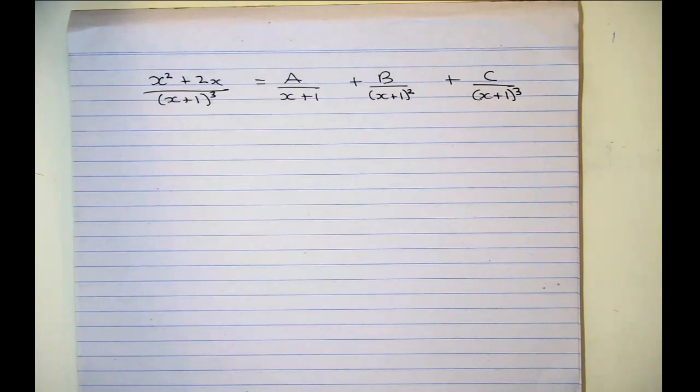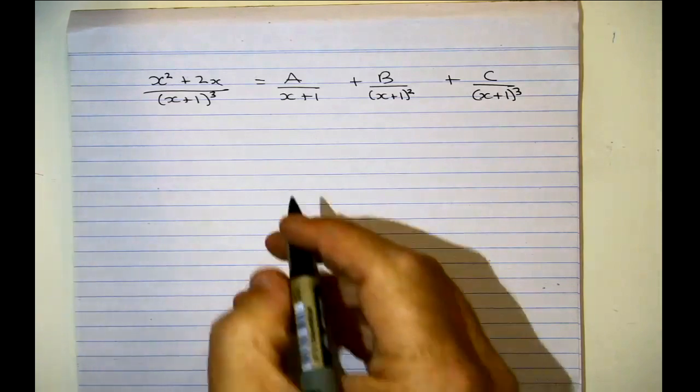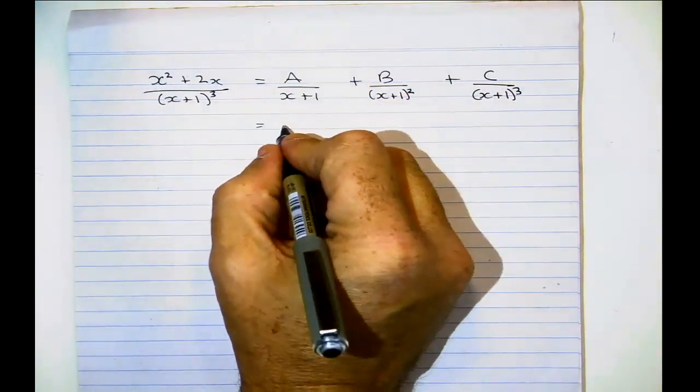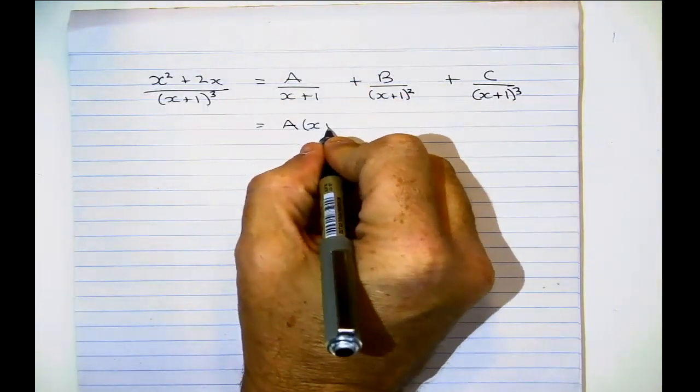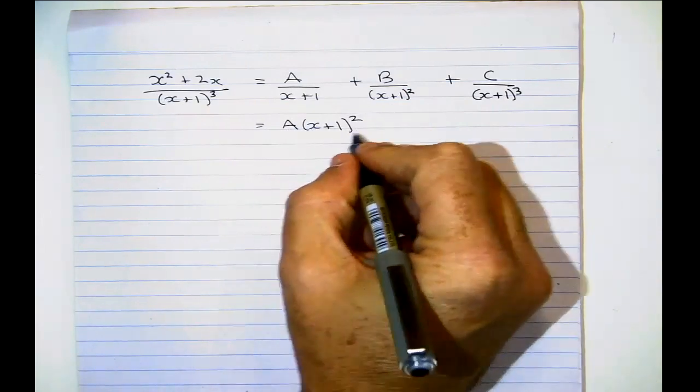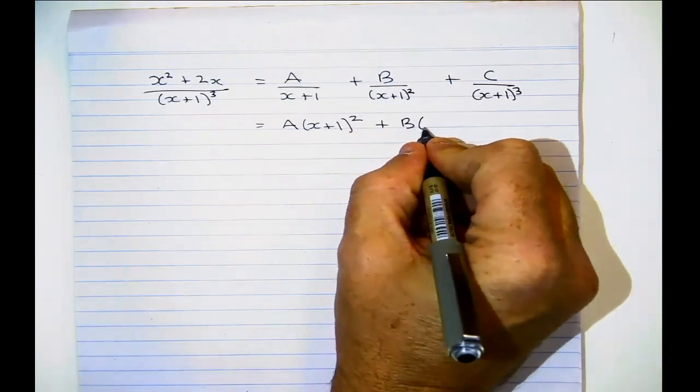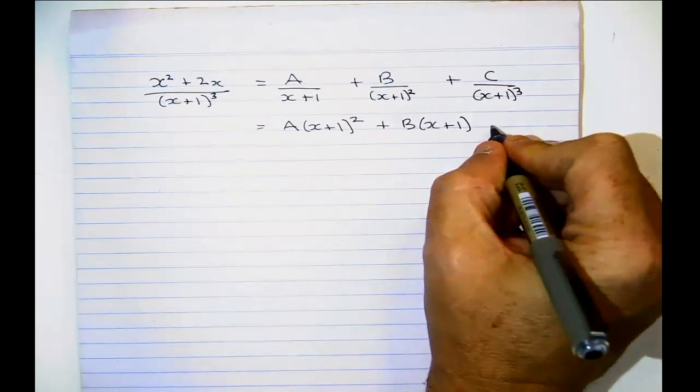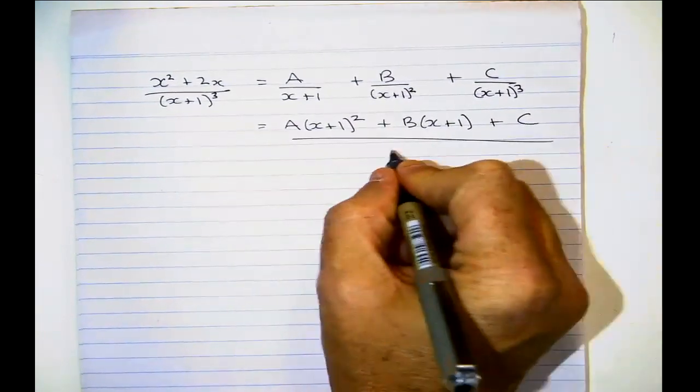I ain't going to do that. 3 is probably the limit. But notice the pattern. Now, if I give all of this a common denominator, the first one I have to multiply top and bottom by x plus 1 all squared. The second one I just multiply top and bottom by x plus 1, and the third one I don't have to do anything.